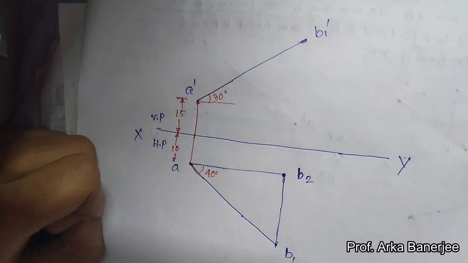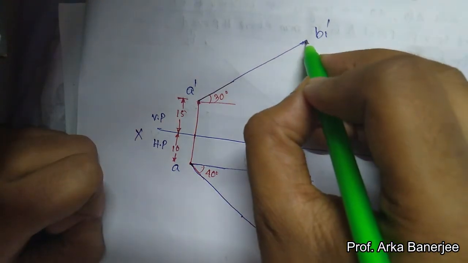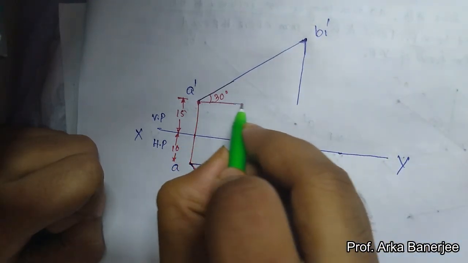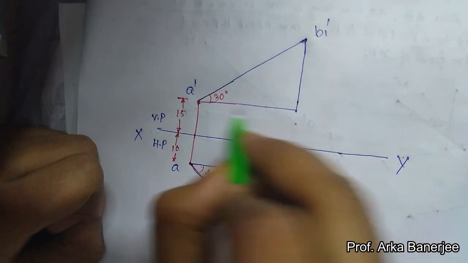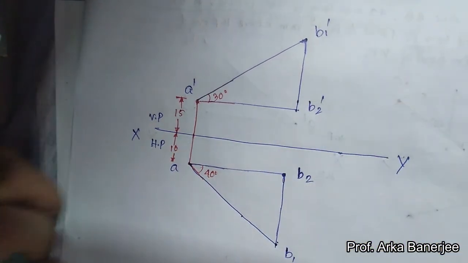In similar manner, you take projection from B1 prime and take up to this horizontal line, mark it as B2 prime.